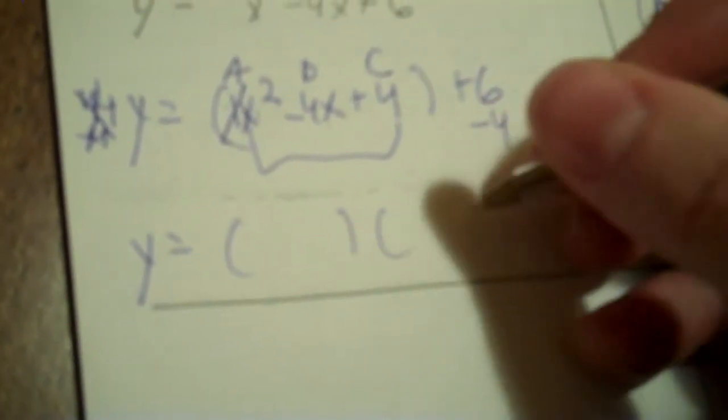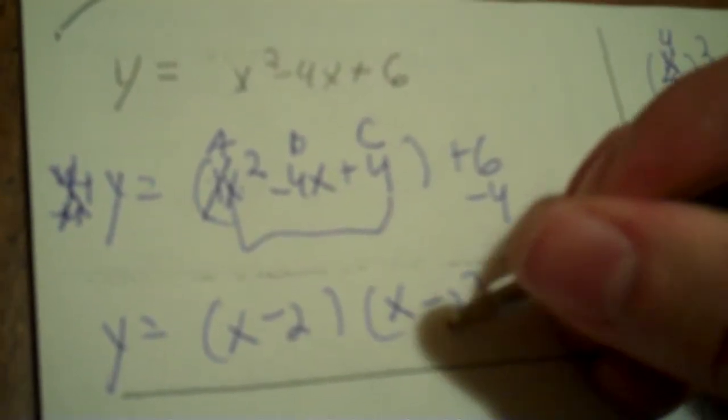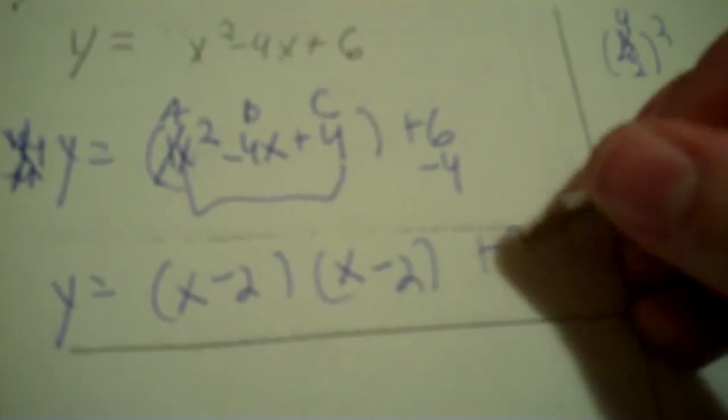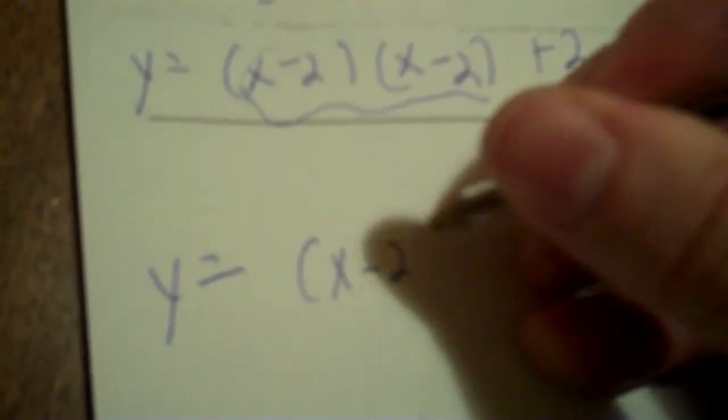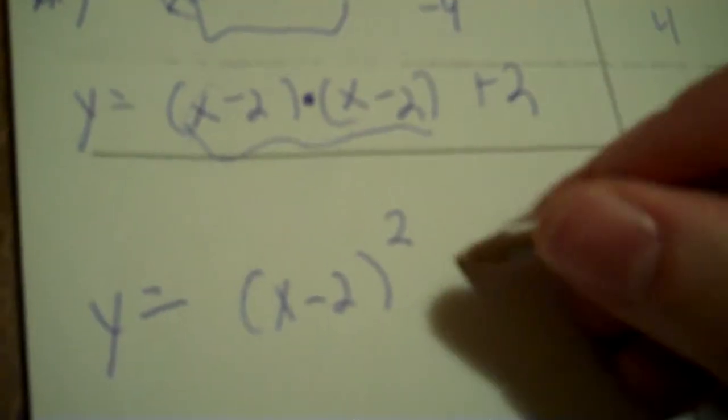Ditch your 1, you don't need it, okay? Six minus 4 is 2. Now rewrite that as a quantity squared. X minus 2 to the second, because it's the same factor, plus 2.